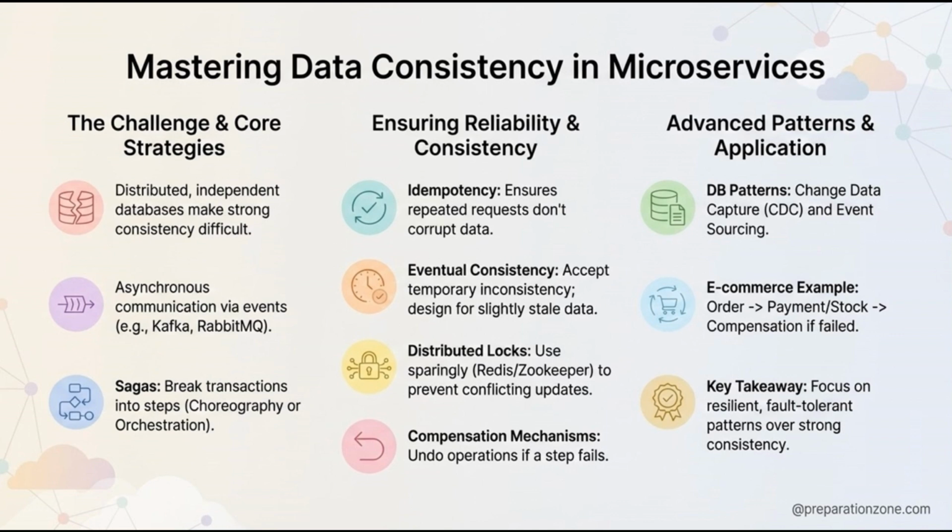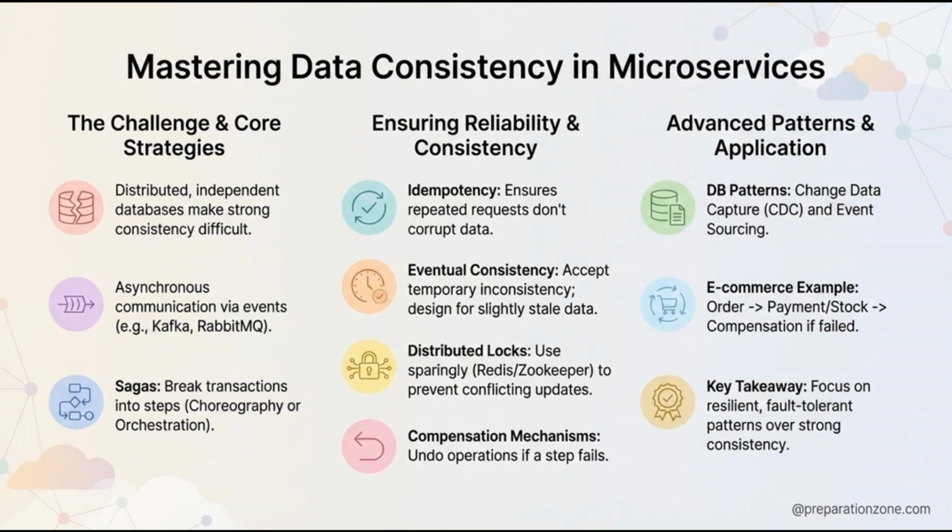Then event-driven architecture. Let events do the talking. The best way to connect services is through events. Services communicate asynchronously via tools like Kafka or RabbitMQ. For example, an order service publishes order placed, inventory updates the stock, payment charges the customer, and everyone stays decoupled, scalable, and resilient.